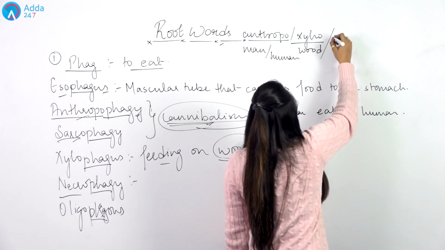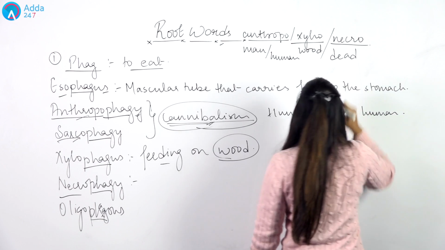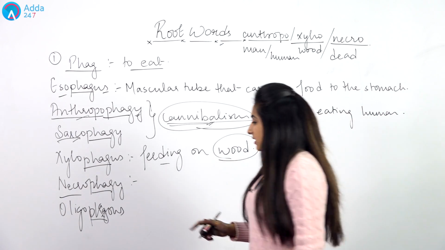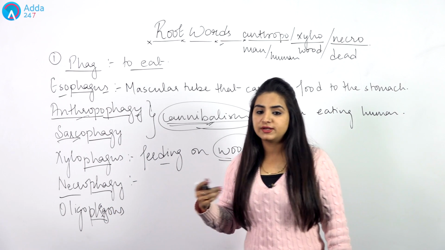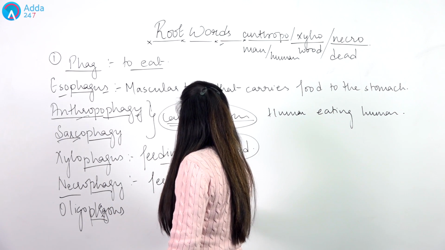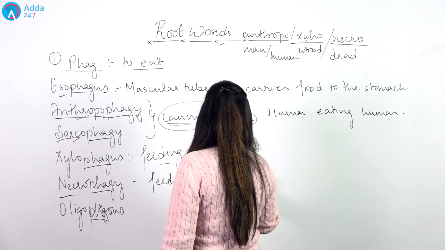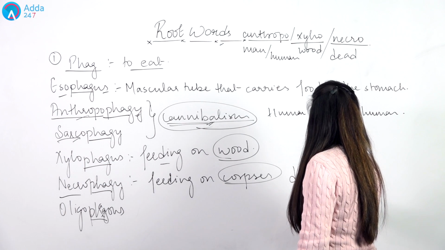Next is necrophagy. As I told you, we have already learned this word necro, which defines being dead or something related to death. Phagy is to eat, necro defines dead or death. So necrophagy is nothing but feeding on corpses. Corpses mean the dead bodies.